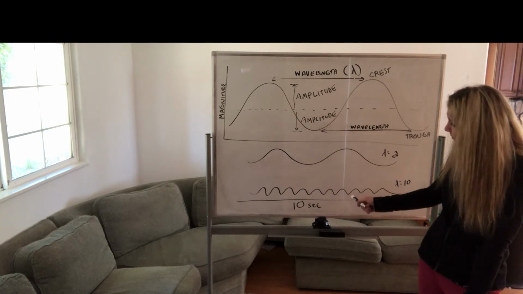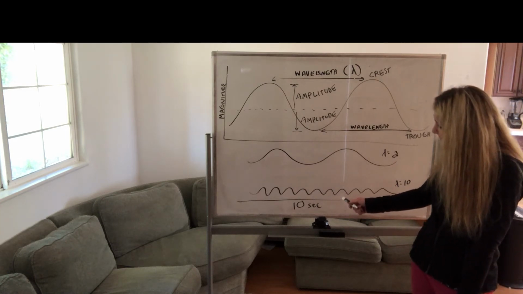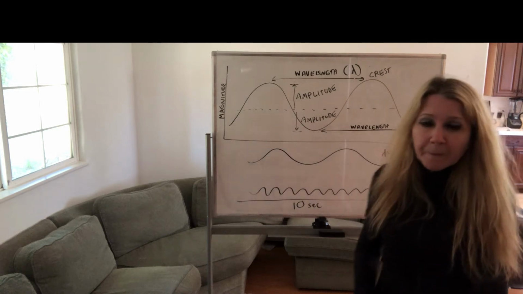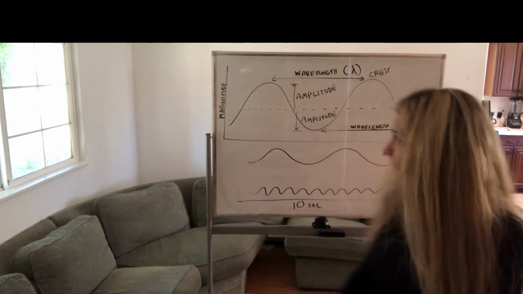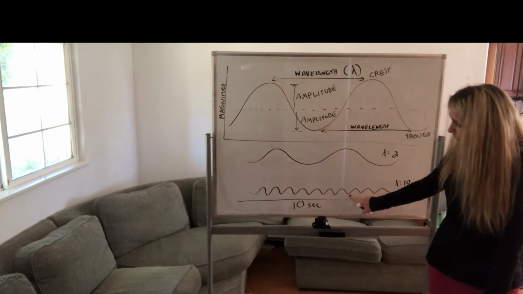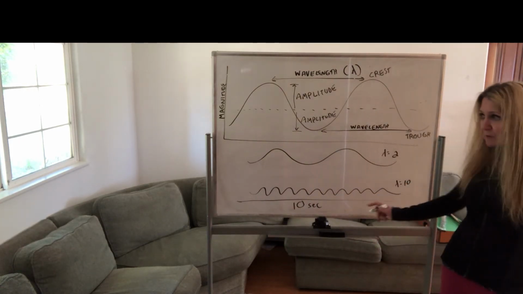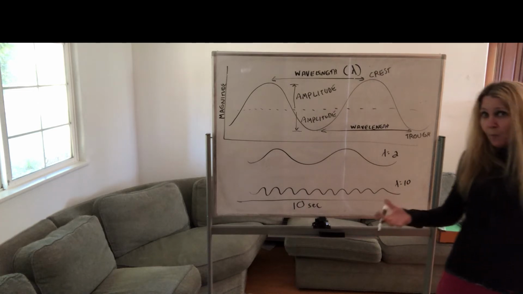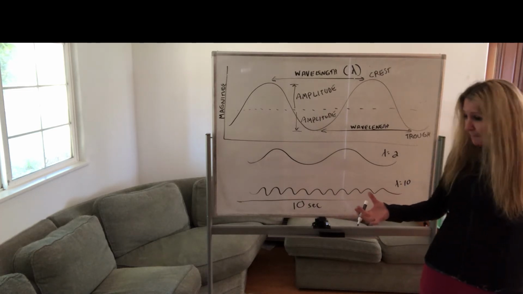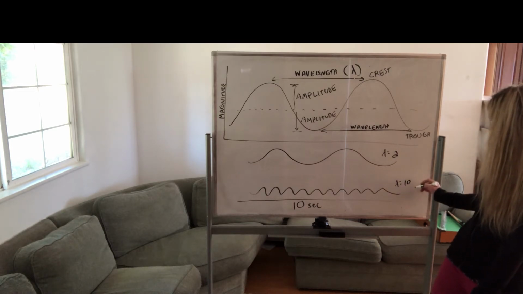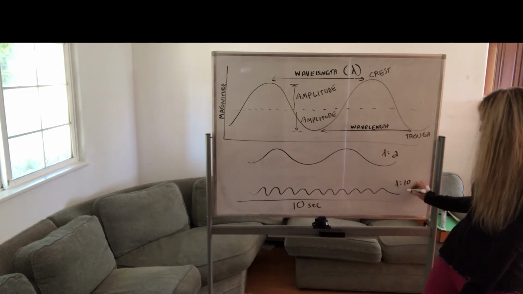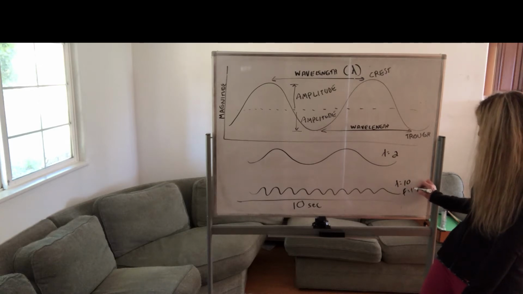So if we can do 10 waves in 10 seconds, that means the frequency is 1 wave per second, right? 10 over 10. So the frequency equals 1.